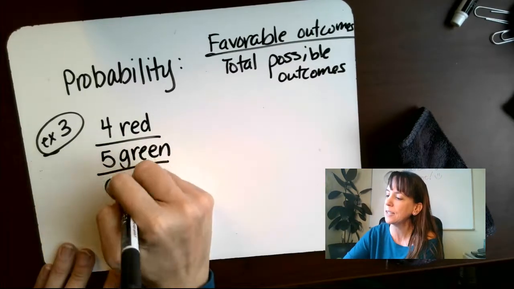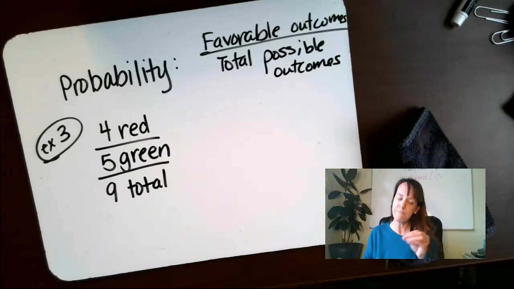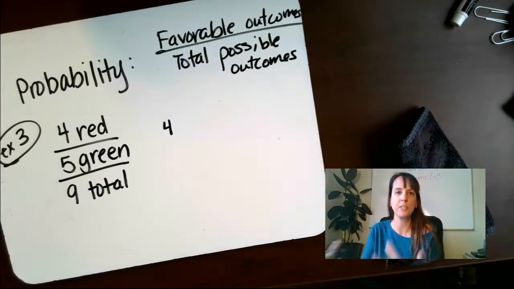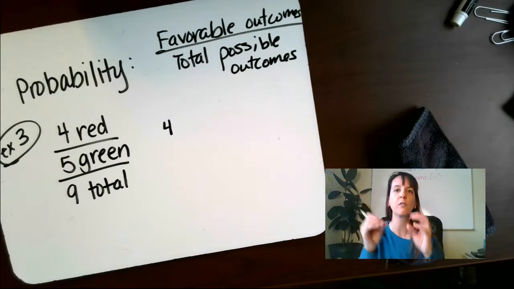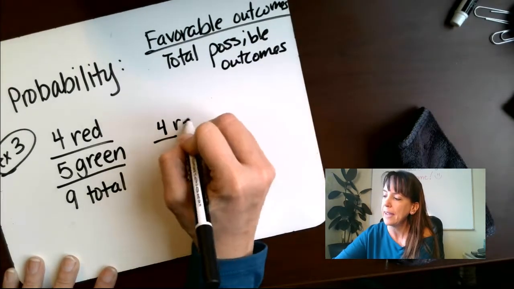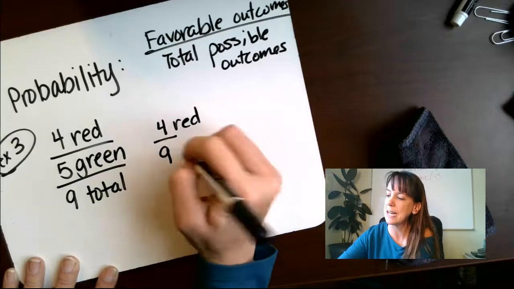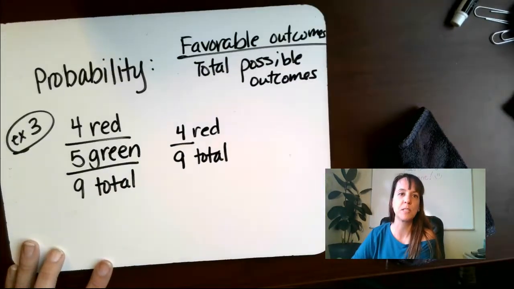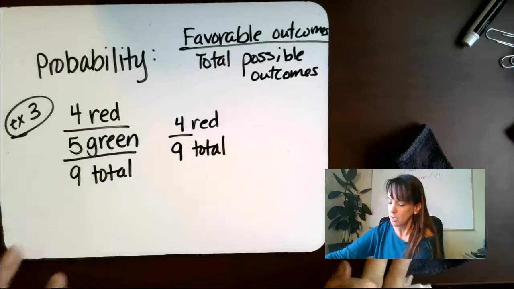So that's 9 total. It's asking what fraction of the marbles was red? Remember, fractions, just like probability, are part over whole. So our part of the bag is 4 red and our whole was 9 total. So it would be 4/9 was the probability there.